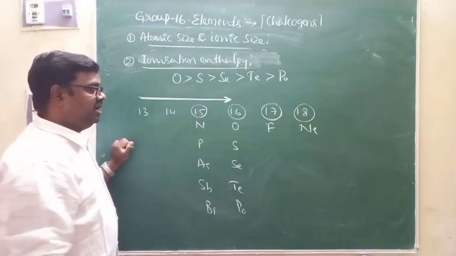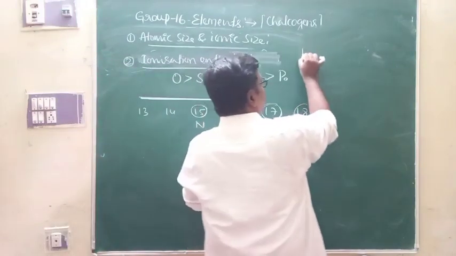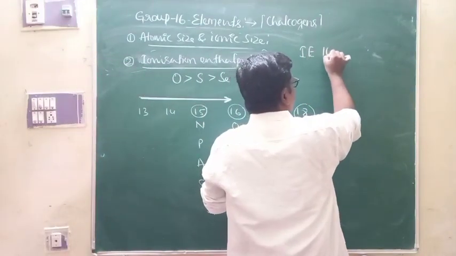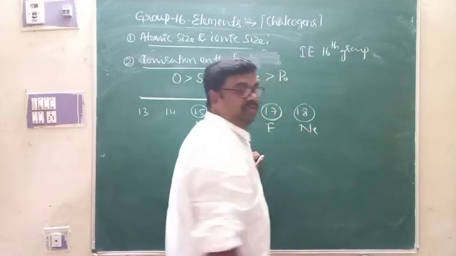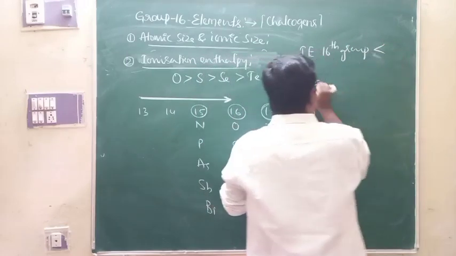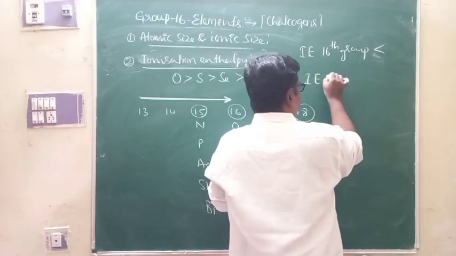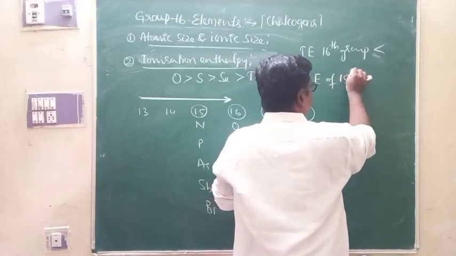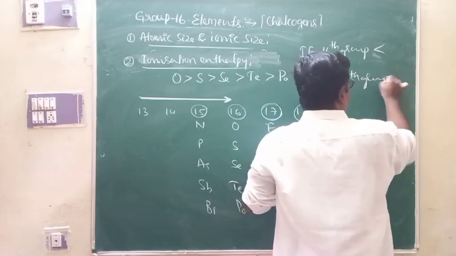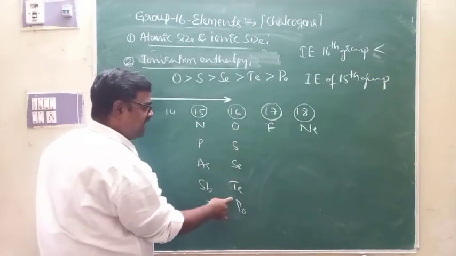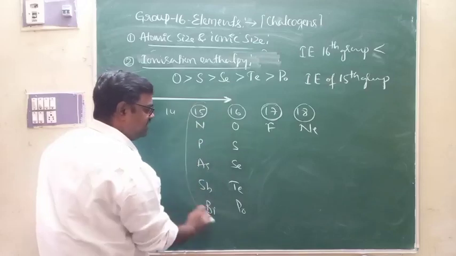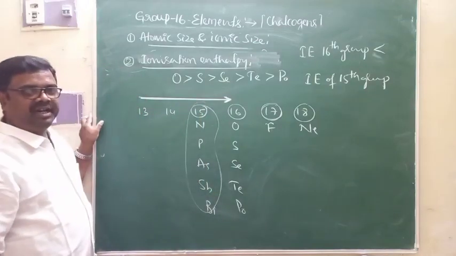But it has been observed that the ionization enthalpy of group 16 elements will be less than the corresponding group 15 elements.